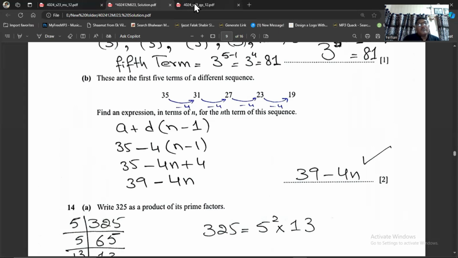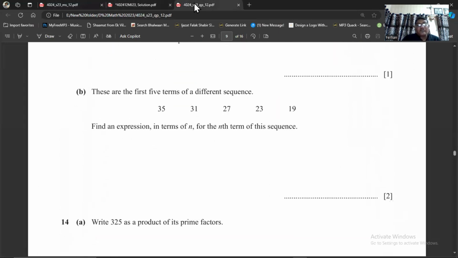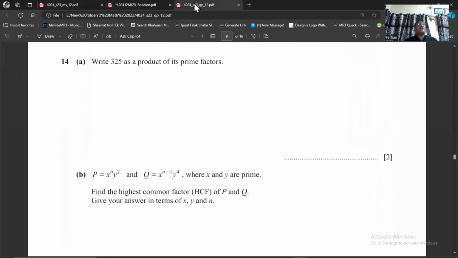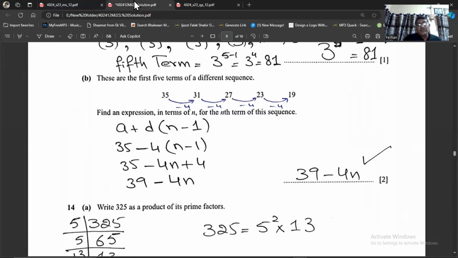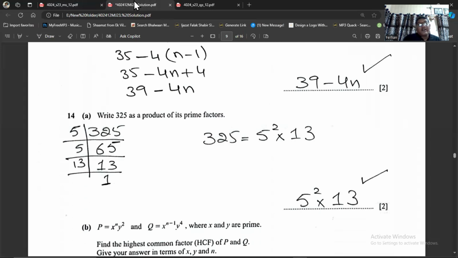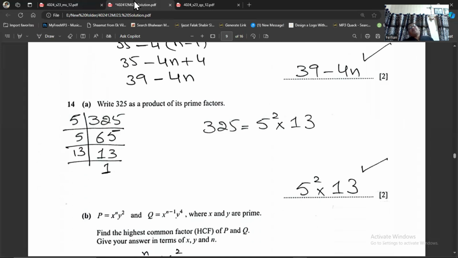So it's good. The next question coming up on your screen is question number 14, and it's A part. He says, write 325 as a product of its prime factors. So I'm going to do the prime factorization. First of all, I'm going to divide it by the smallest prime number possible.